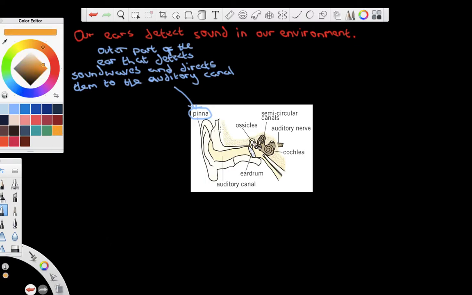So we can say over here, I'm not going to label anything, that the outer ear is made up of the pinna, the auditory canal, and the eardrum.